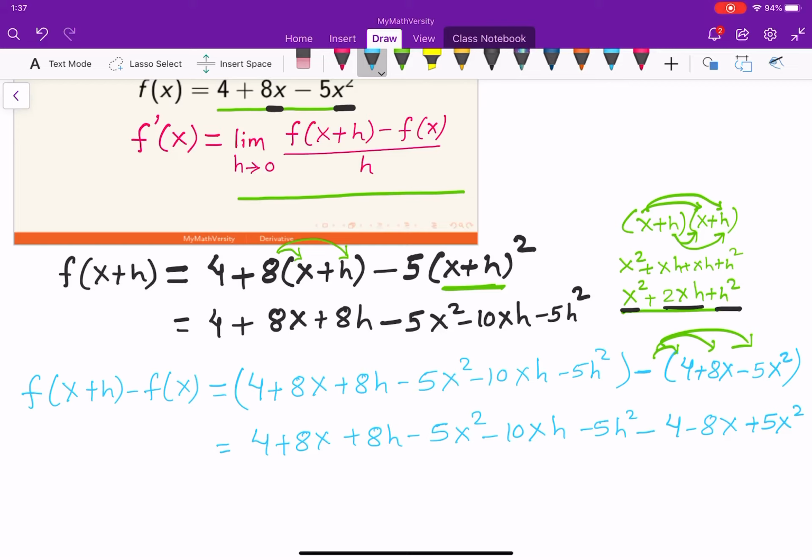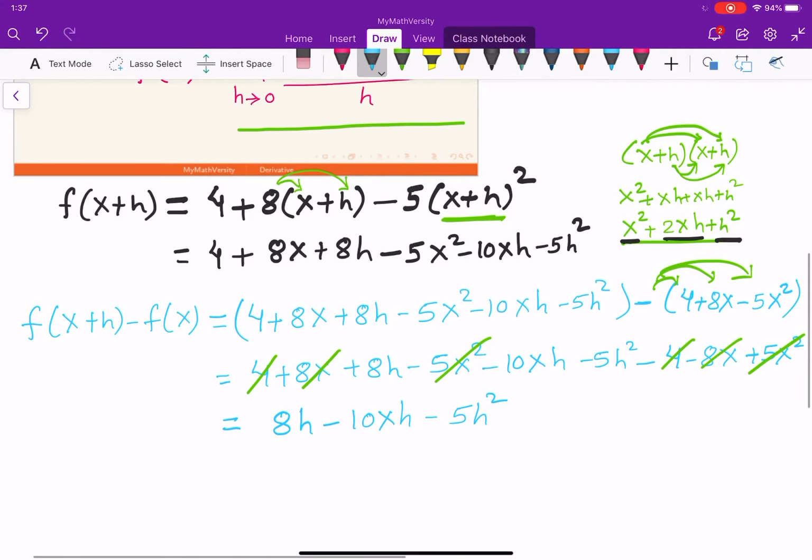Now if you combine the like terms here, positive 4 and negative 4 we get 0. Positive 8x and negative 8x, when we combine we get 0. Negative 5x squared and positive 5x squared, when we combine we get 0. So in that case we just have 8h minus 10xh minus 5h squared.